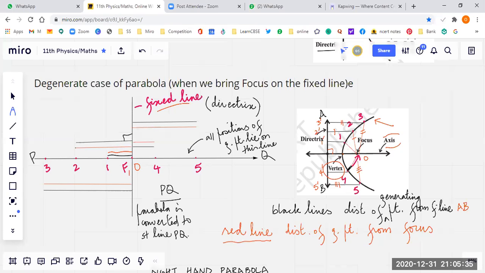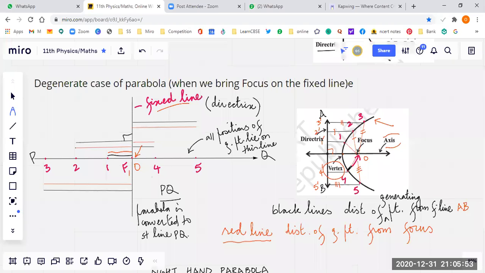When the focus has moved to the fixed line, that is the directrix here, now these are points 1, 2, 3, 4, 5.